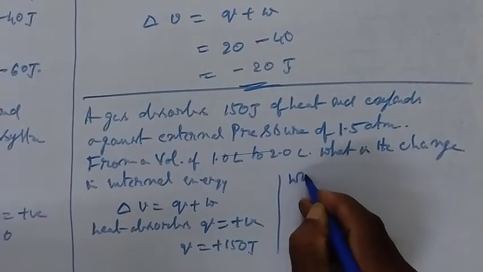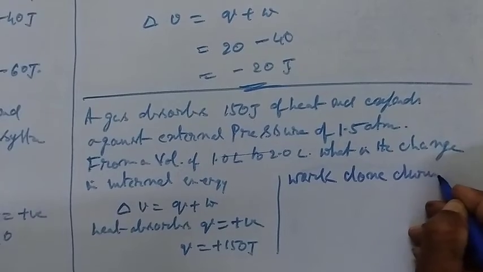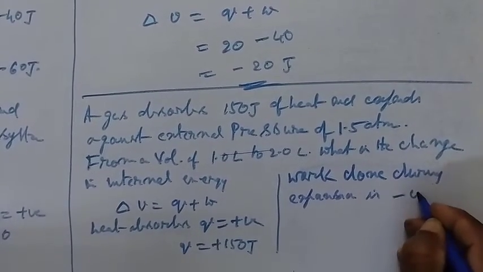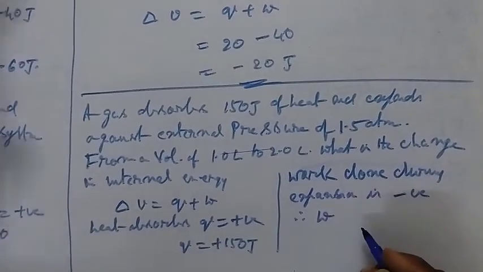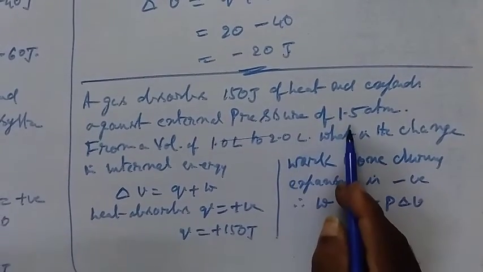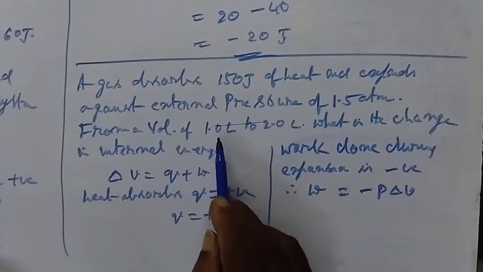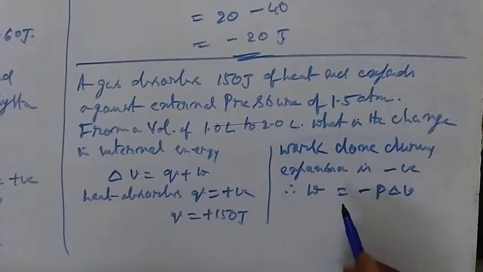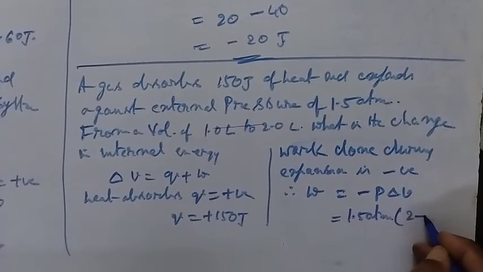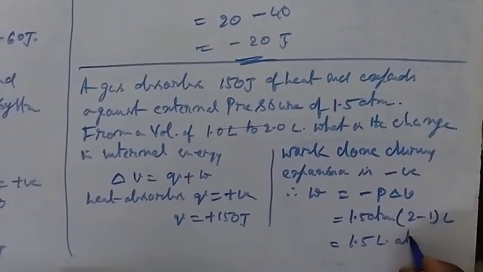Work done during expansion is negative, therefore W equal to minus P delta V. The pressure here is 1.5 atmosphere. Delta V, the change in volume from 1 liter to 2 liter, is 1 liter. Therefore 1.5 atmosphere into (2 minus 1) liter, this is nothing but 1.5 liter atmosphere.